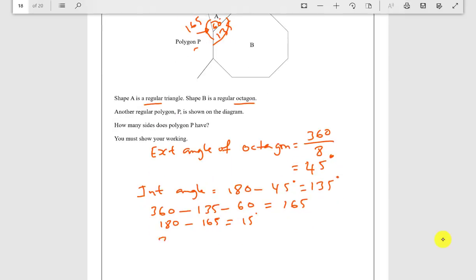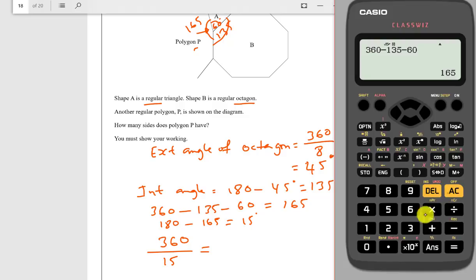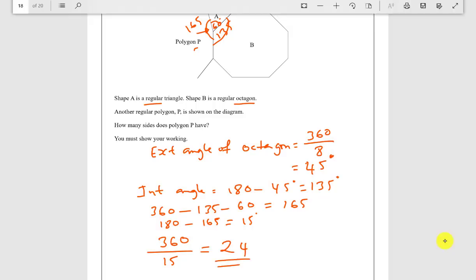So if you divide 360 by one exterior angle, that should give us the number of sides this polygon P has. So 360 divided by 15 gives us an answer of 24. So the number of sides this polygon P has is 24 sides.